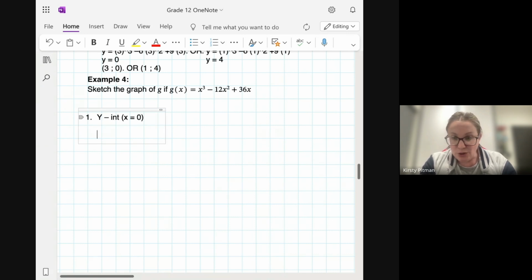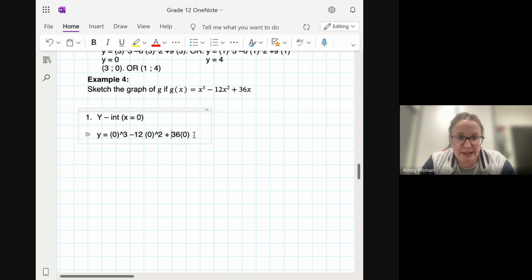All right, so I'm going to have y, or I can say g of x if I really want to, means the same thing, is equal to (0 to the power of 3 minus 12 times 0 to the power of 2 plus 36 times 0).